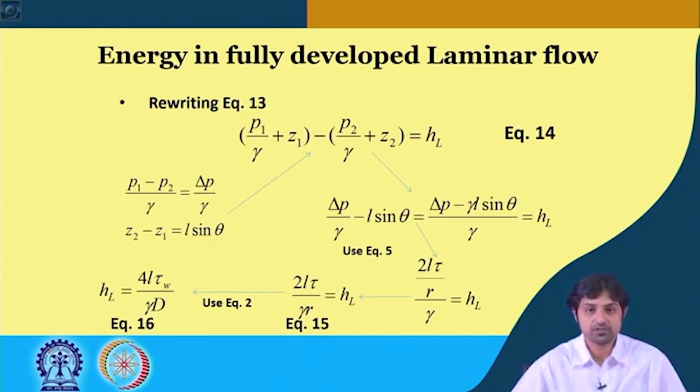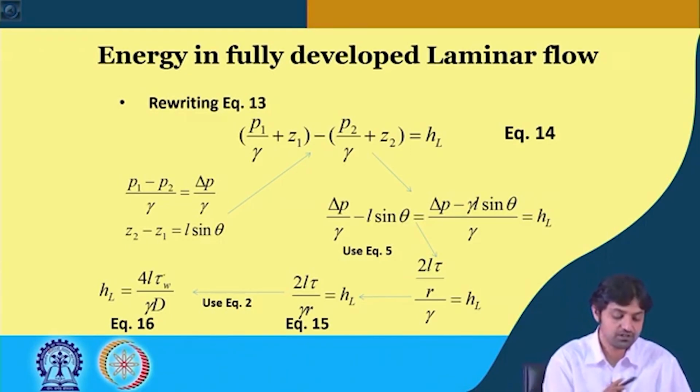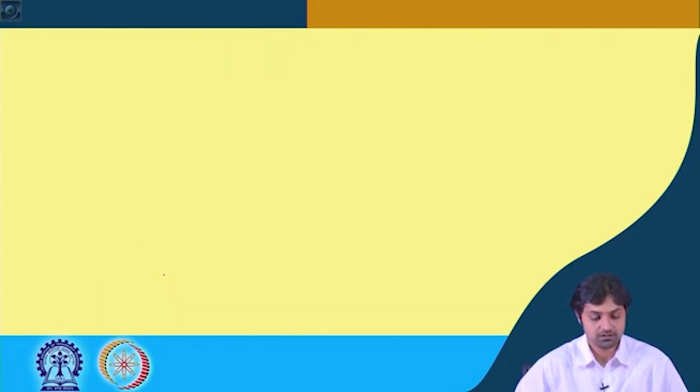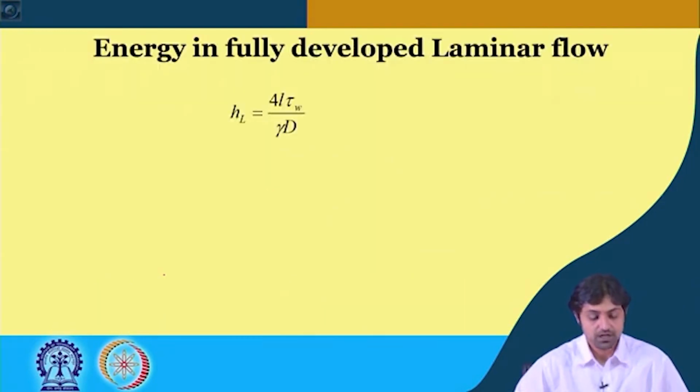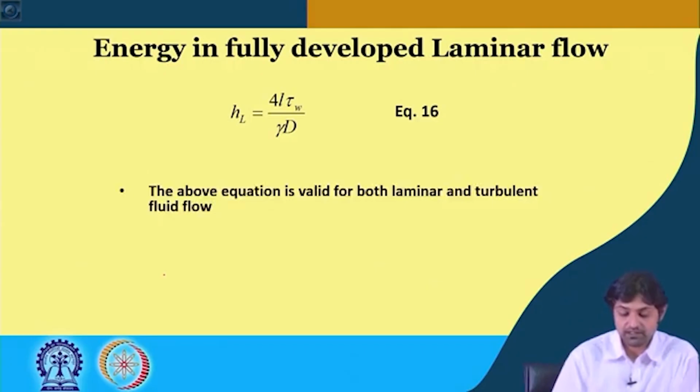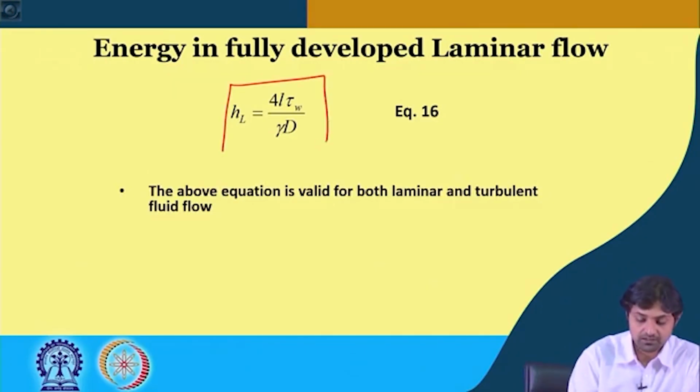It's just a matter of substituting one equation into the other and obtaining what we require. So the beauty of this equation is that 4 L tau W by gamma D depends only on the wall shear stress. Now we have written head loss as 4 L into tau W by gamma D. This is equation number 16, and this equation is valid both for laminar and turbulent flow.